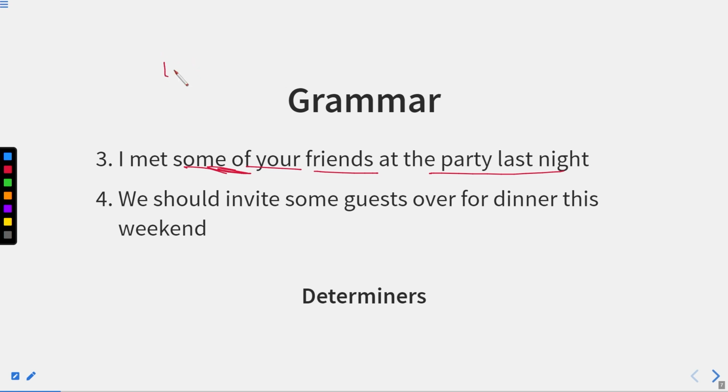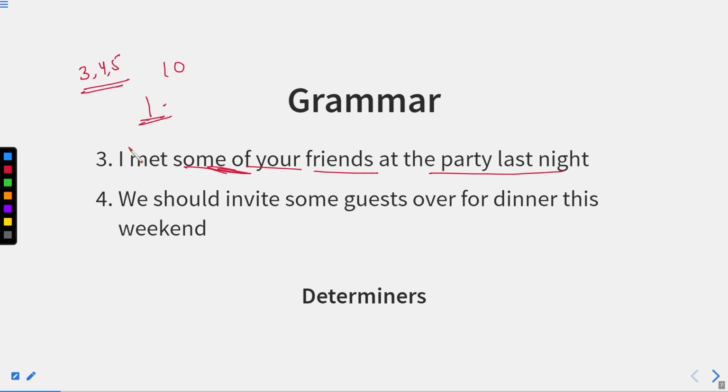Suppose they are 10, and I say some of your friends; I might have met 3, 4, 5, or any number. But if I say one of your friends, and I have met only one friend, I cannot say some of your friends, because there is only one friend. So I cannot say some for that particular one.